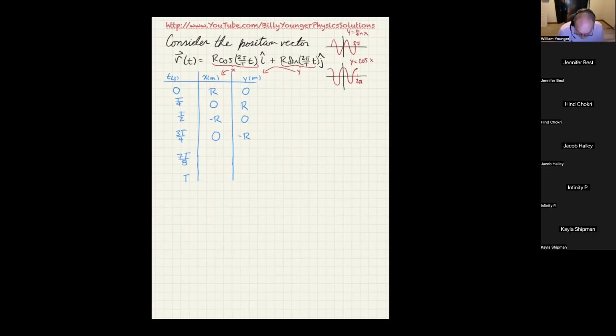So maybe you come up with the square root of 2 over 2 times r, and the negative square root of 2 over 2 times r for the y. And then I think you're going to get r and 0 for T. Okay. Everybody sort of agree with that in some sense, at least?